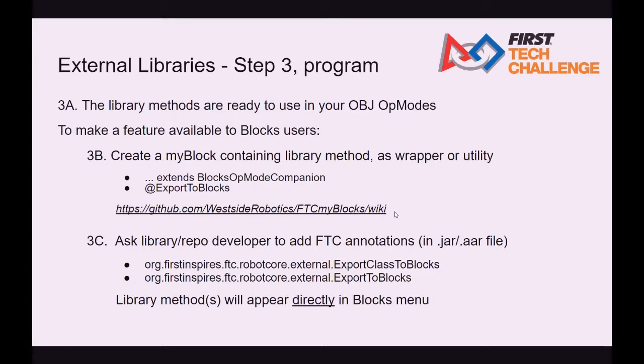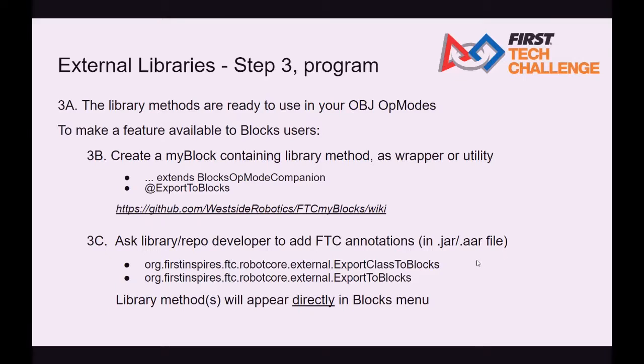I will paste the link in the chat, or you can review this slide later when it's all posted at the SoCal FTC Discord. The third variation is step 3C, where you simply want to provide the library methods directly to the blocks user without even creating a MyBlock. You would need to ask the library developer to add 2 FTC annotations and then provide you a fresh jar or AAR file.